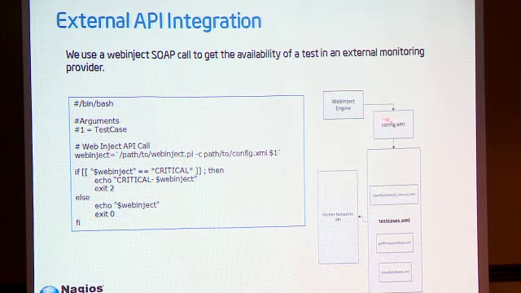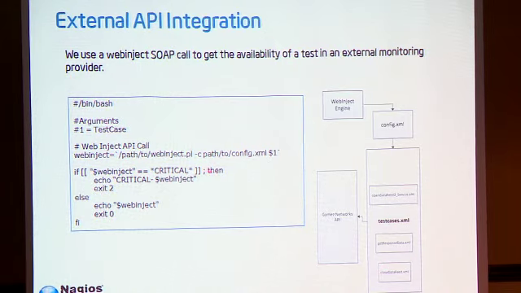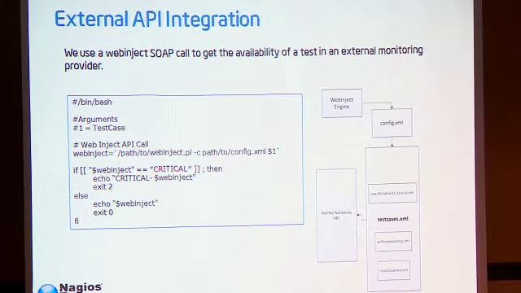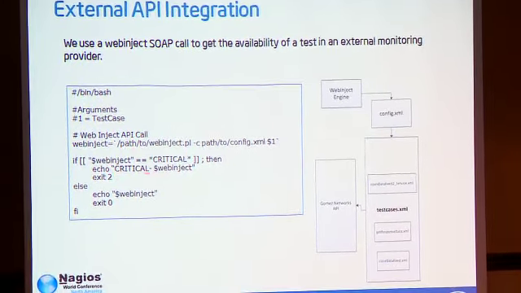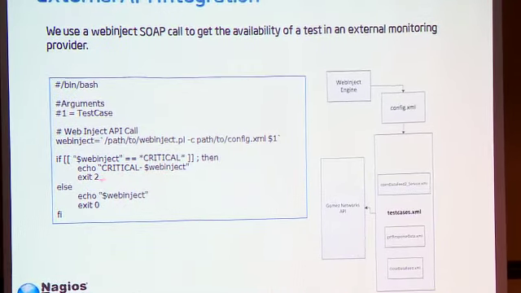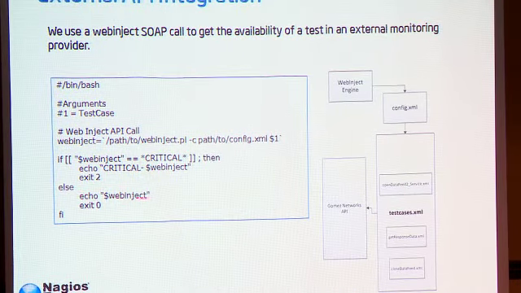In this case, we just open the data feed, get the response, and close the data feed. If we receive a critical, we put the service in critical with an exit 2. If not, we just put the response that we're receiving with an exit 0, that is the OK.